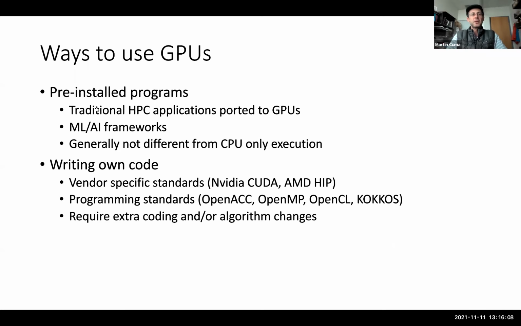What we see the most in our usage is traditional HPC applications that have been ported to GPUs, and a lot of machine learning because of the fitness of the GPUs to the processing of machine learning and AI. Generally, this approach is not really different from using standard CPUs, with the difference that the users need to be aware how to request the GPU and how to make sure the program is running on the GPU.